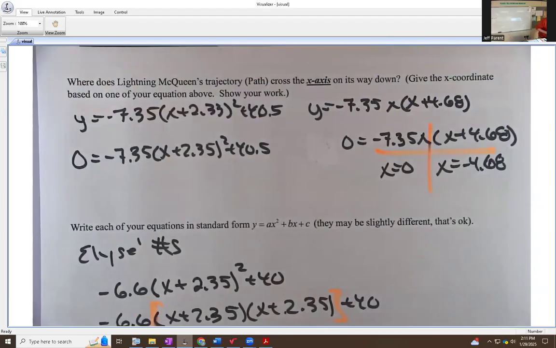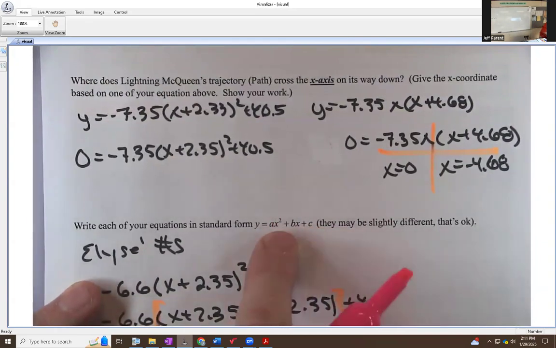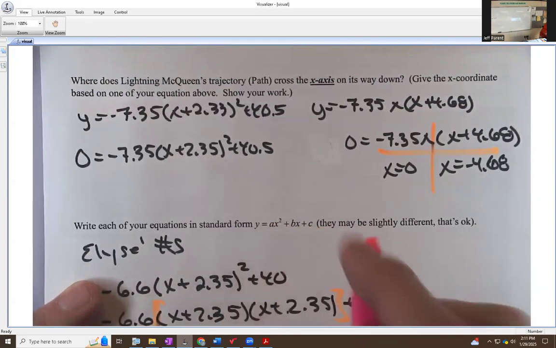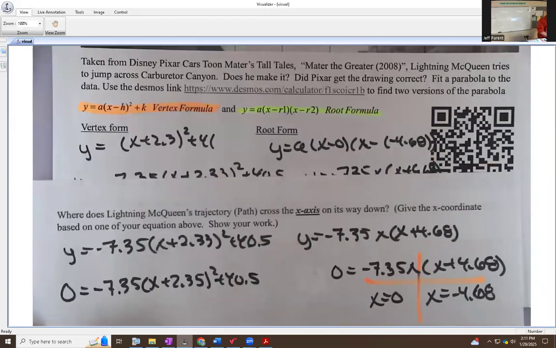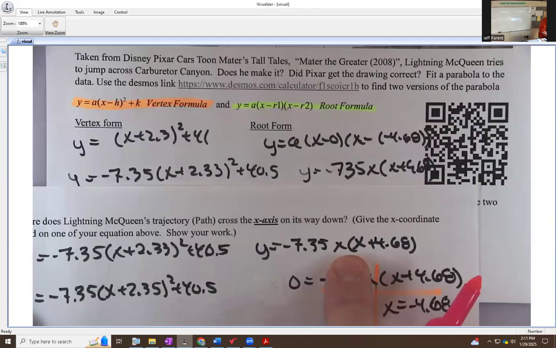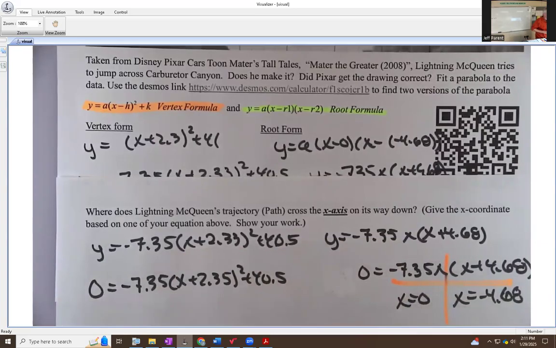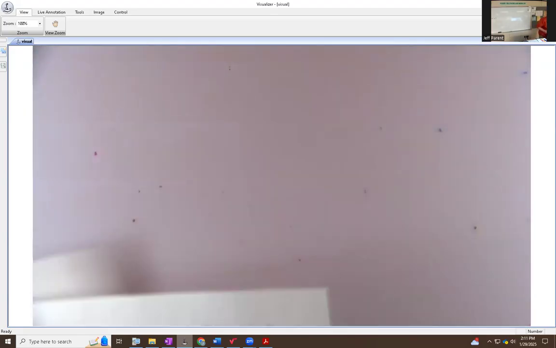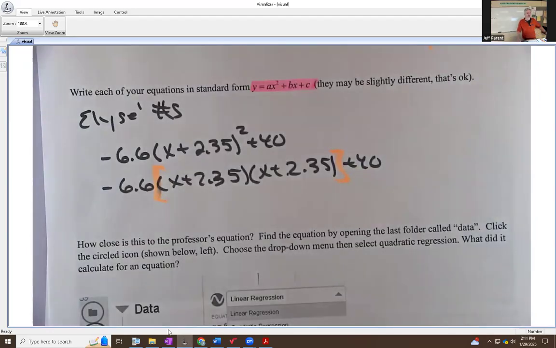With the standard form, it's easy to see what the y-intercept is because if you put in x equals 0, it's just c. So the y-intercept is right there. The root formula is pretty nice because you know exactly where it crosses the x-axis. And with the vertex formula, you know exactly what the vertex is. So all of these have different benefits and challenges. It just depends on what works for you and what you need in the situation.